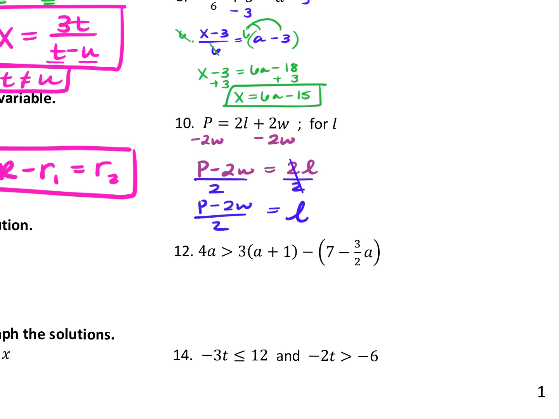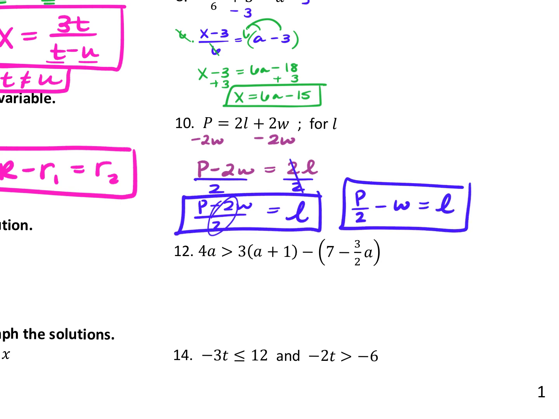I'm okay with that. Or if we're going to simplify that further, technically we could do this. But then if we're going to do that, we've got to keep the 2 with the p also. So you would have to do p over 2 minus w, right? 2w over 2 would be just w, equals L. So I don't care if you leave it like that, or if you want to leave it like that, that's okay too.